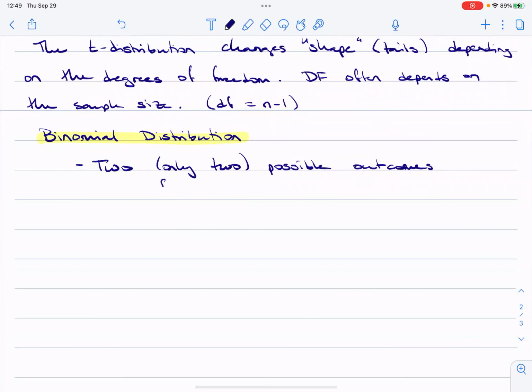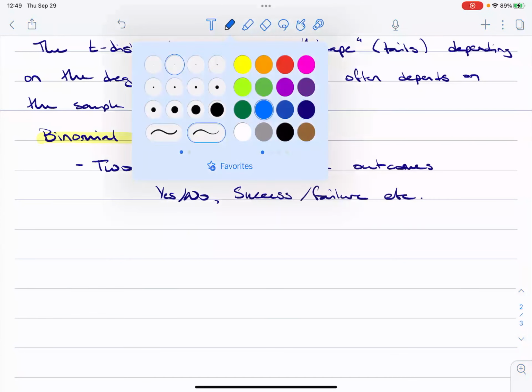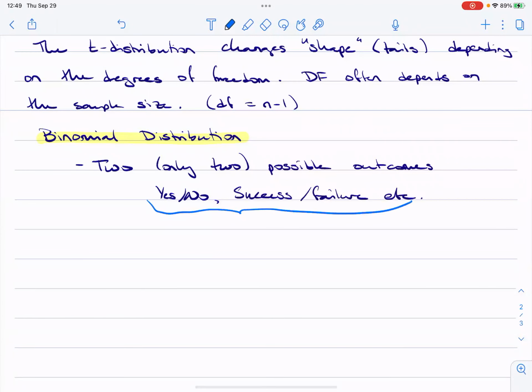So things like yes, no, success, failure, etc. Right, and so here, call these 0, 1 outcomes.